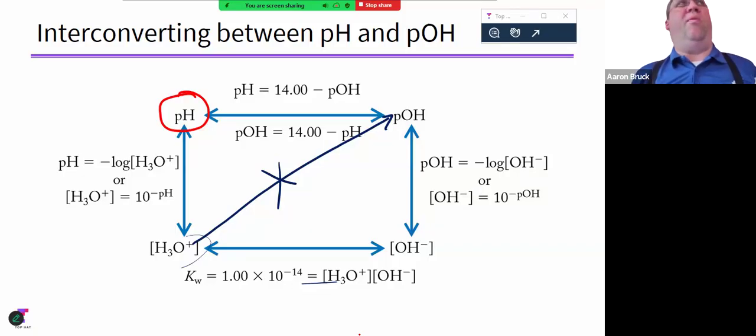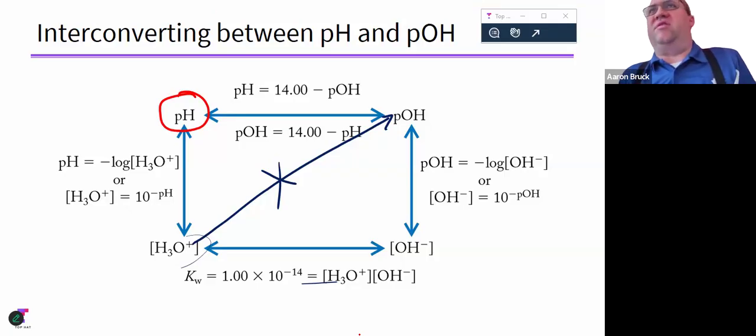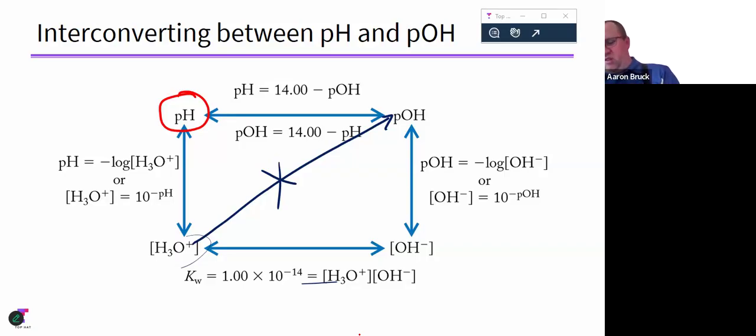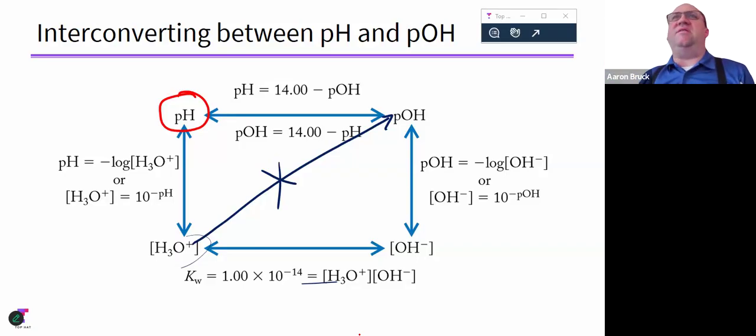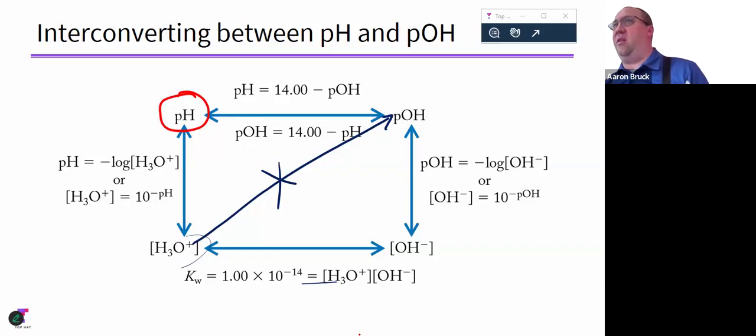Because almost always we're going to end up with hydroxide or hydronium concentrations where I've got some kind of scientific notation concentration: something times 10 to the negative fifth, something times 10 to the negative 12th, something times 10 to the negative eighth. And in those situations, it's far easier to make a mistake with your calculator, especially if you're not good at using the scientific notation button.